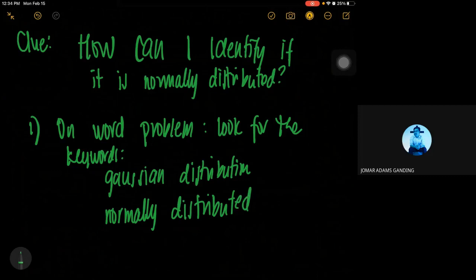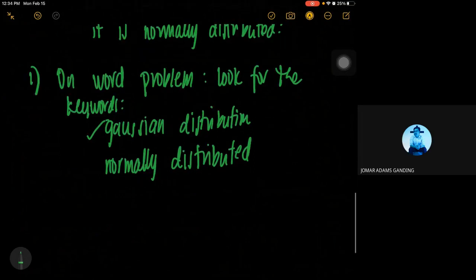So they can say that the data sets are following the Gaussian distribution, or they can say that the data are normally distributed.